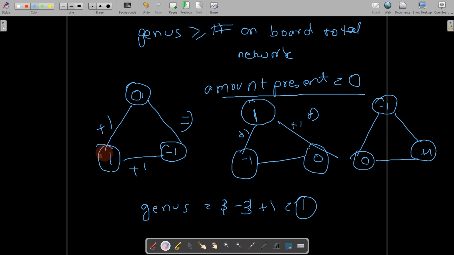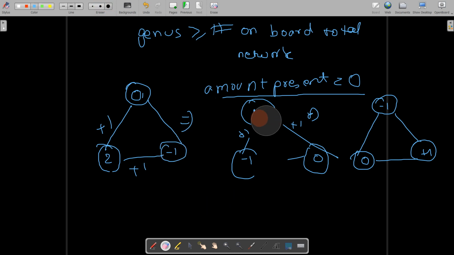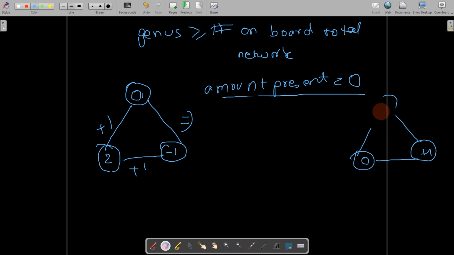Okay, I'll change the amount over here from 1 to 2. Now let us see whether we can make the debt 0 or not. I'll erase parts from this. Now the amount present is 1.